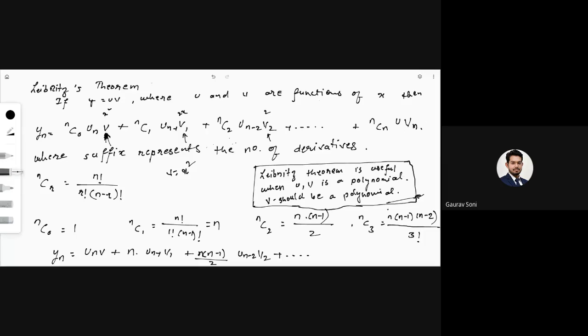Leibniz theorem is only useful when either of them is a polynomial, and v should be the polynomial. Fine. As everything is clear about this theorem, we'll solve some examples.